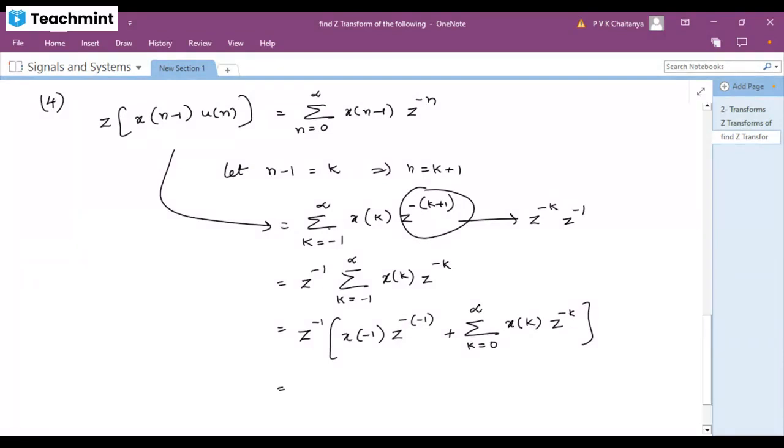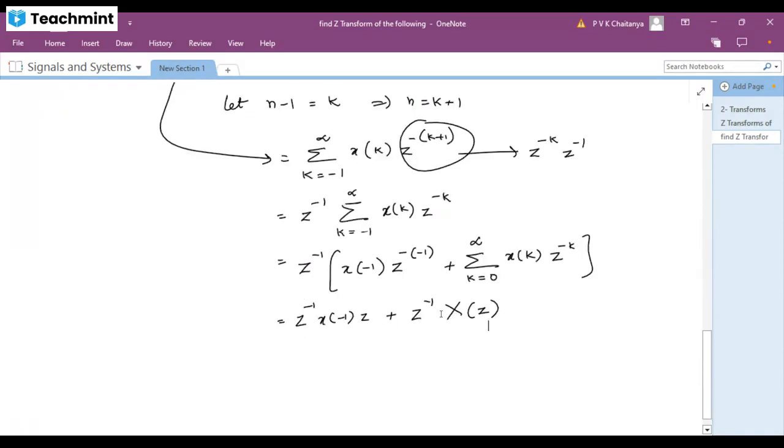So this will be z inverse x of minus 1 into z, plus z inverse sigma k is equal to 0 to infinity x of k z power minus k, which is nothing but X of z, the z transform of x of n. So z power minus 1 into z is 1.